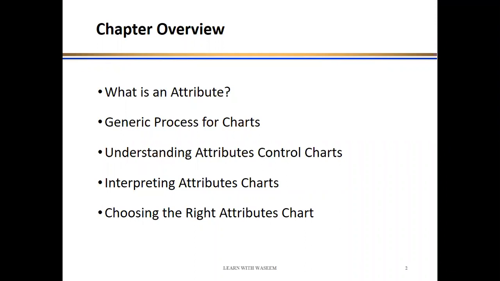We will explain the generic process for charts. We will also discuss understanding attribute control charts, and then we will interpret those attribute control charts. And at the end, we will also discuss when and how to choose the right attribute chart.